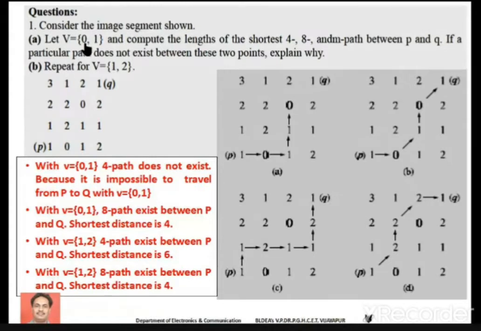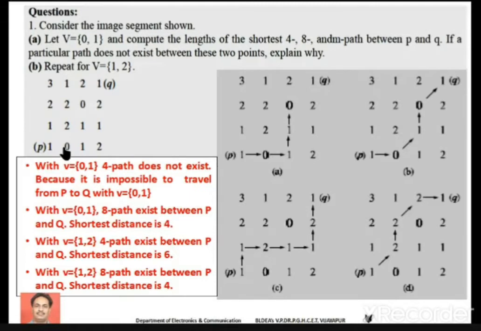We have to find out whether we can reach from pixel P to pixel Q with pixel values 0 and 1, but using 4-paths. Just try to recall, in 4-paths, we can move either horizontally or vertically. Only horizontal and vertical neighbors are considered as 4-neighbors of the pixel.